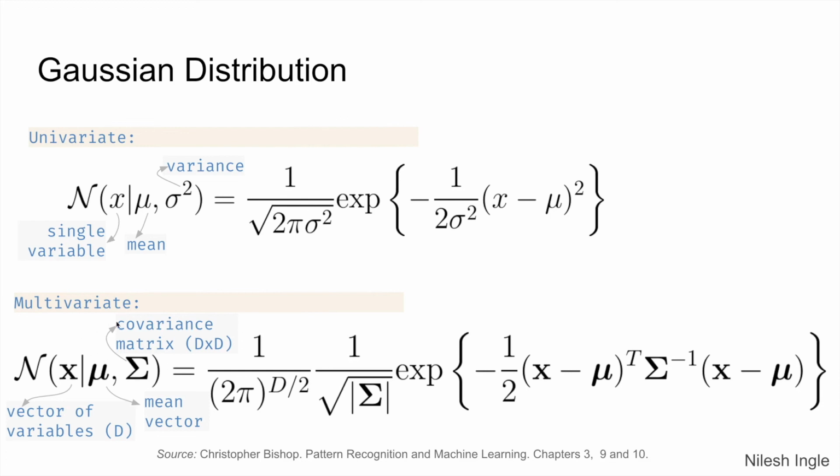And then for the multivariate case, we have the same thing except that we now have vectors and matrices. So x is represented by a vector of variables. So you have a mean vector again, and then we have the covariance matrix of size d by d. That d is coming from the length of the x vector, and the rest of this can be derived from that.